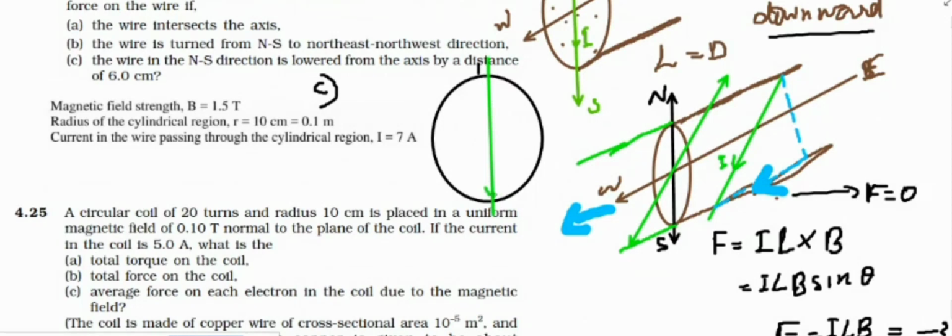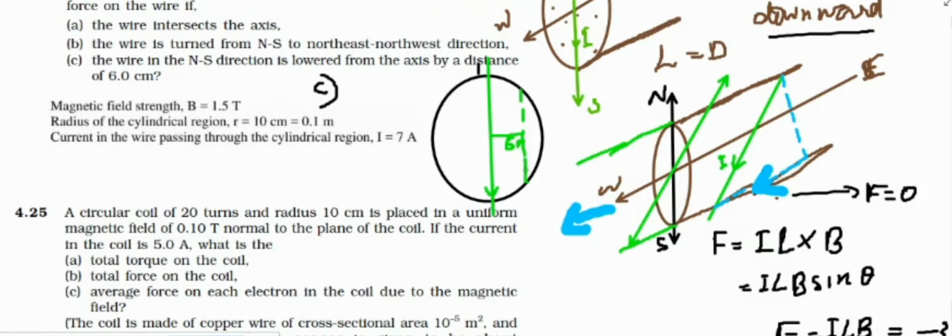The current is going in this way. Now the wire is lowered for 6 centimeter here. This distance is 6 centimeter. So that now the wire is here.